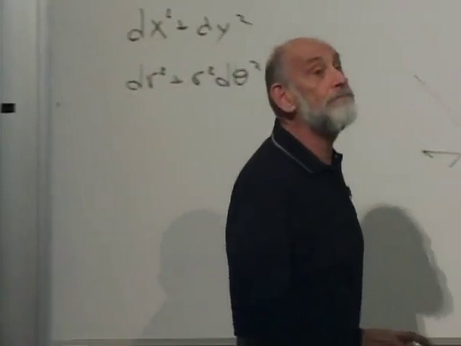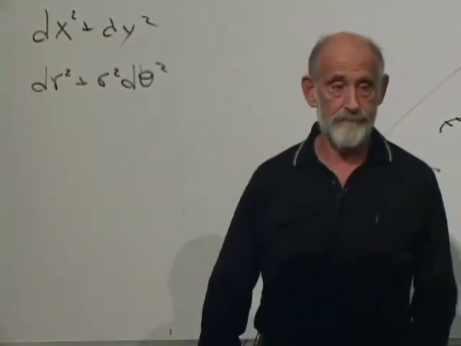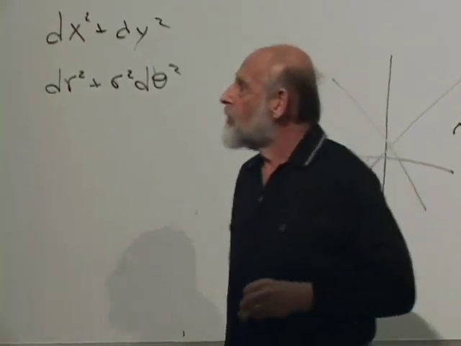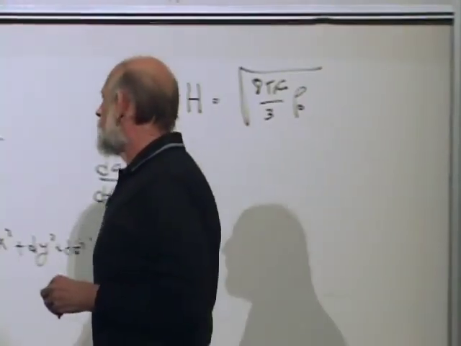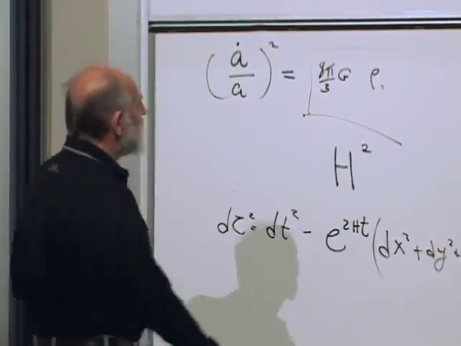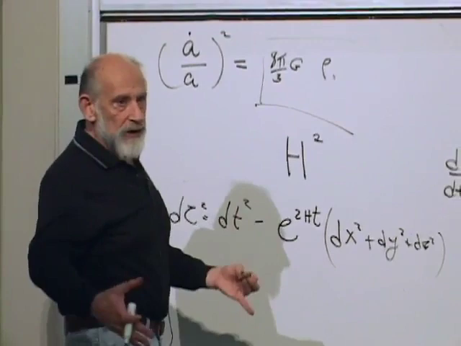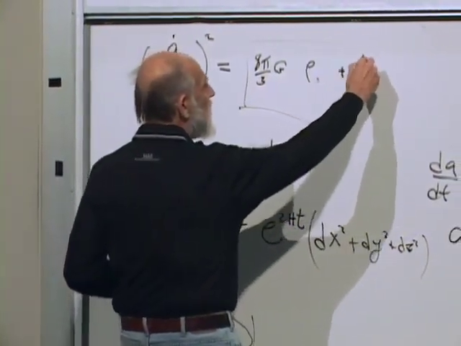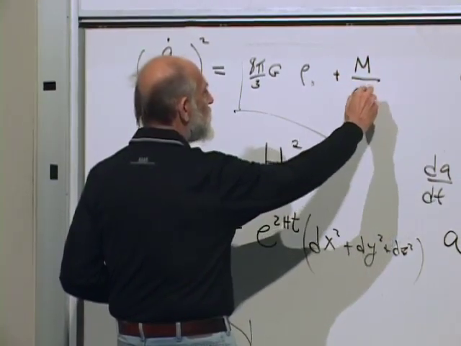Einstein put his cosmological constant in to make sure that the universe wasn't expanding. Is that how he did it? Well, what he did was to say, we know that there's ordinary energy in the universe, so let's put in plus some constant m over a cubed.